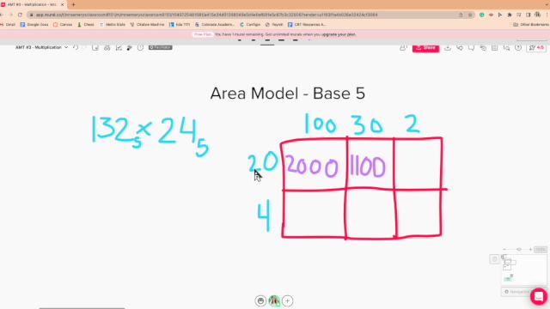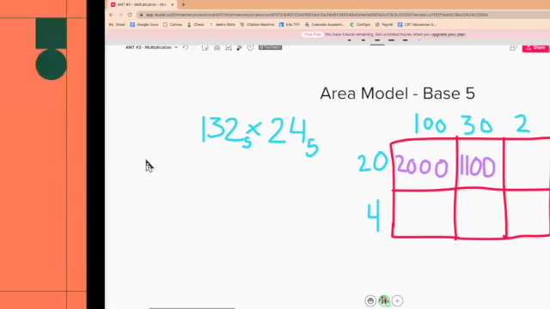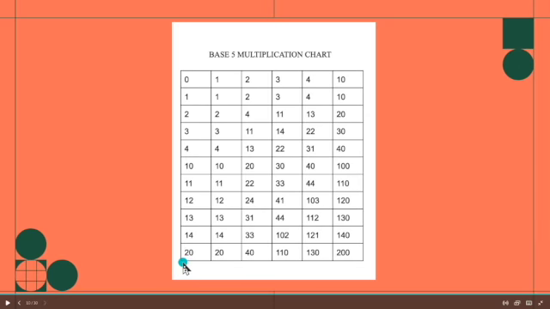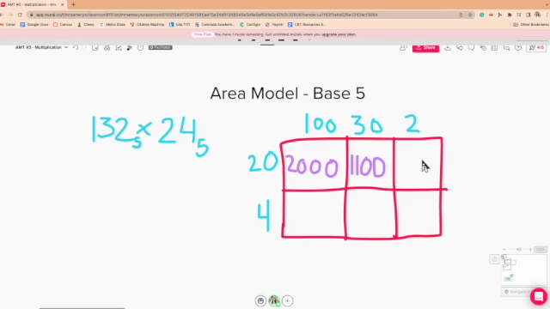All right, so 2, 0 times 2, if I look back here at my chart, we can see 2, 0 times 2, I'm going to go all the way down, equals 4, 0. So I am going to put that right here.